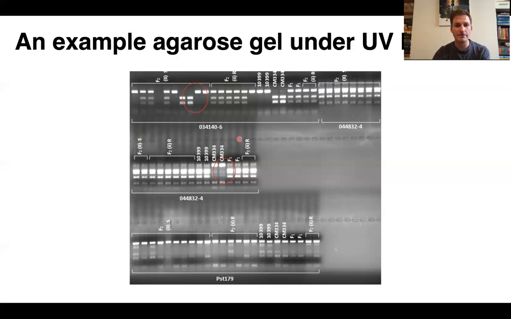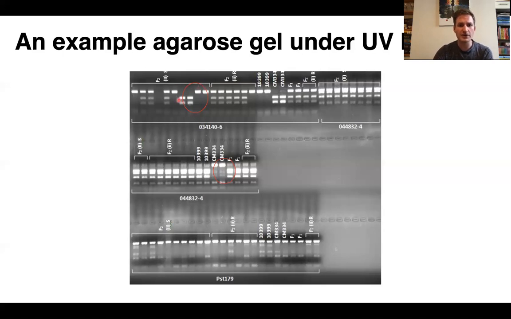And then voltage, or electrical current, was applied to this gel, and that DNA migrated from these wells, or these areas where DNA was inserted, downwards towards the positive current. And then we viewed this under UV illumination after some time, like after a couple hours, like 2-3 hours.